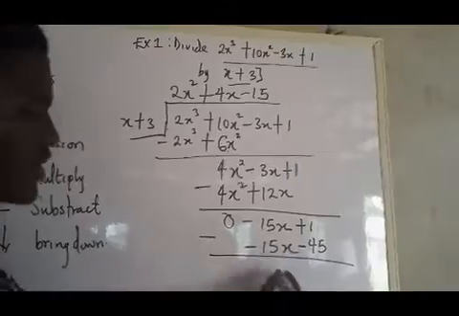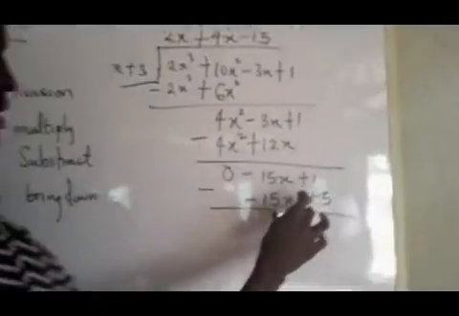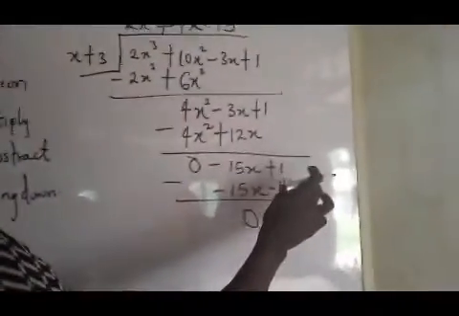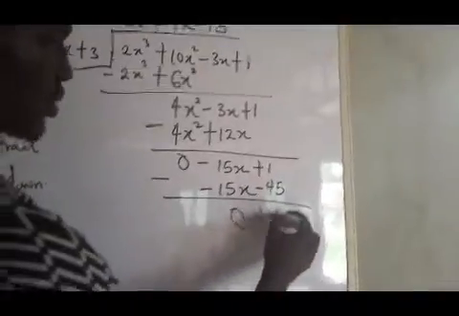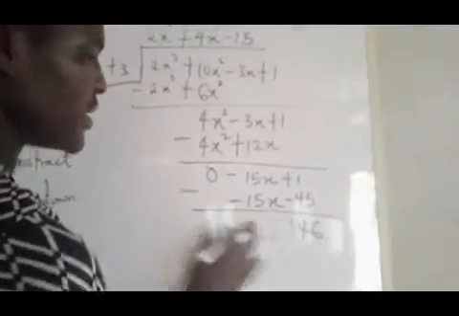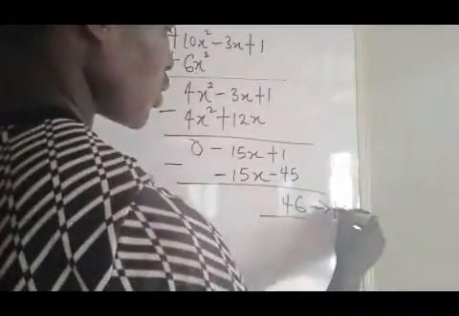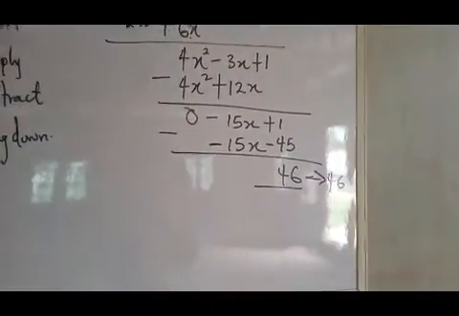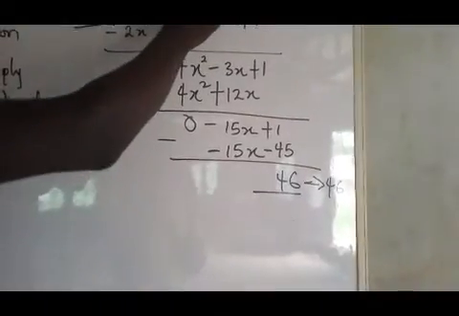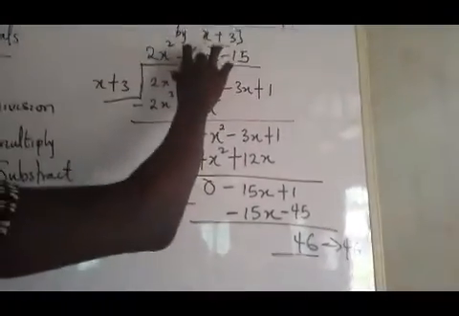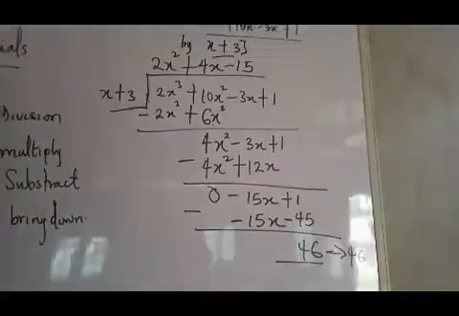Minus 15 plus 15, 0. Minus times minus, plus. Plus 1 plus 45 will give us plus 46. That means our remainder is 46. Alright? So our quotient here is 2x squared plus 4x minus 15.